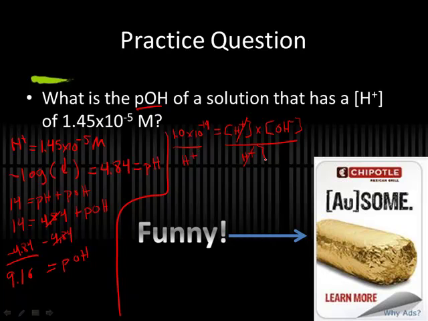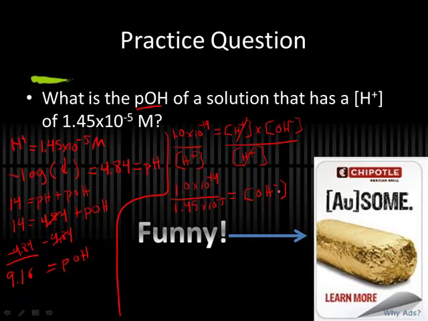That'll cancel. Put our bracket so it's concentration. So we've got 1.0 times 10 to the negative 14th divided by our H plus, which they gave us to be 1.45 times 10 to the negative 5th equals our OH minus concentration.